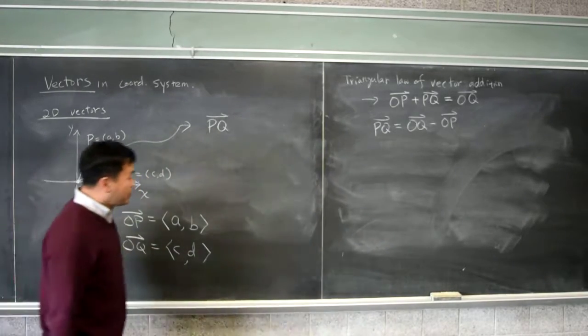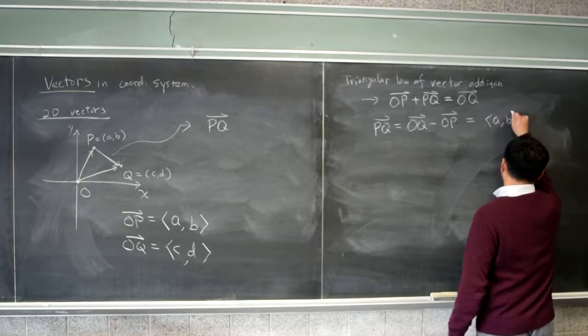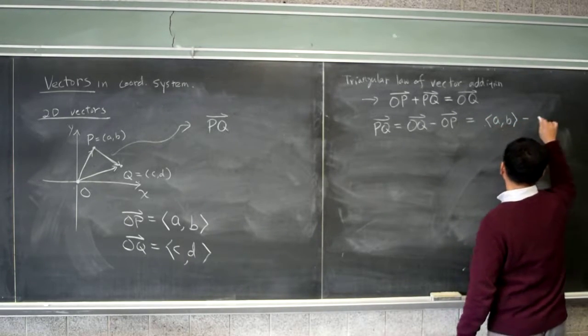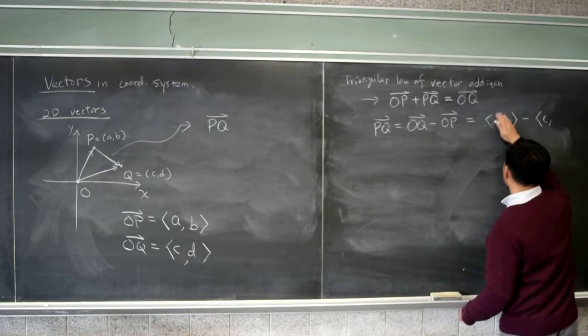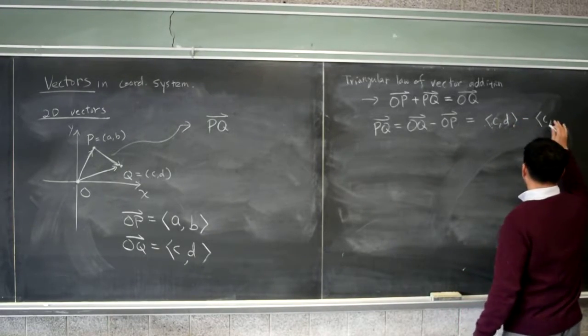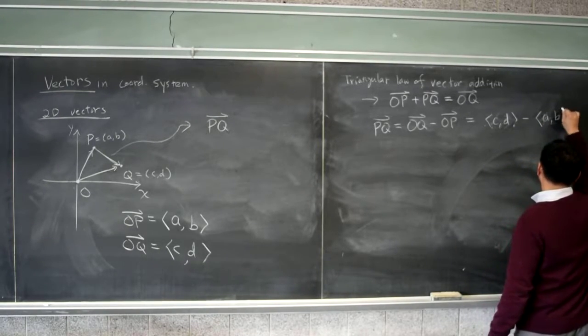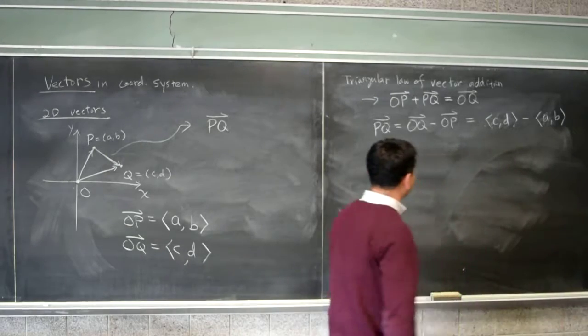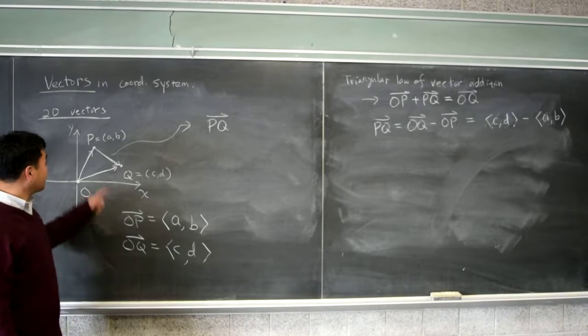In other words, since OP is <a, b> and OQ is <c, d>, this will be the formula that we use to find the vector PQ.